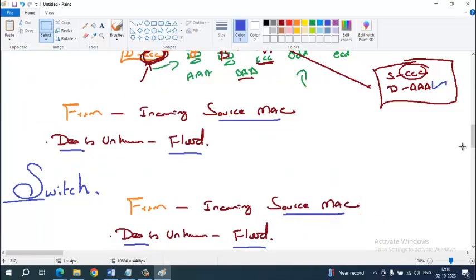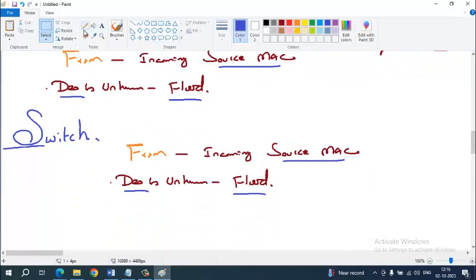A switch also learns like this. A switch also will flood, and a bridge also will flood if the destination is not known. But switches, you might have seen 12 port, 24 port, 48 port, 100 port switch, 300 port switch.